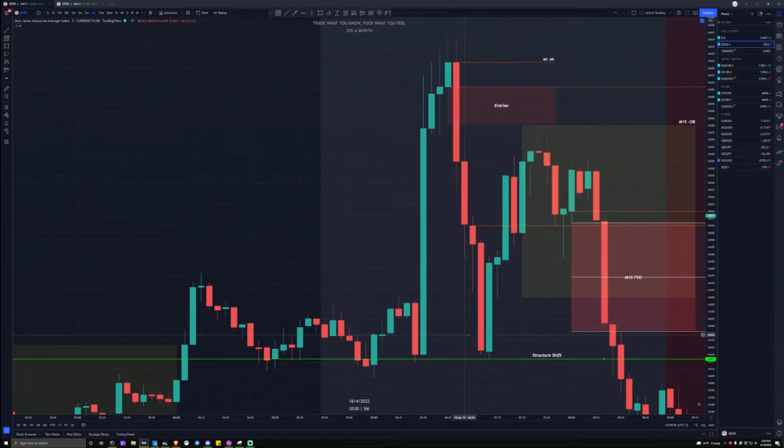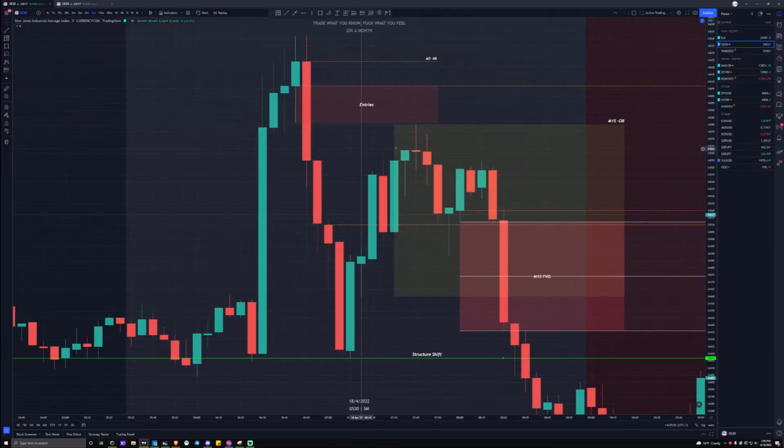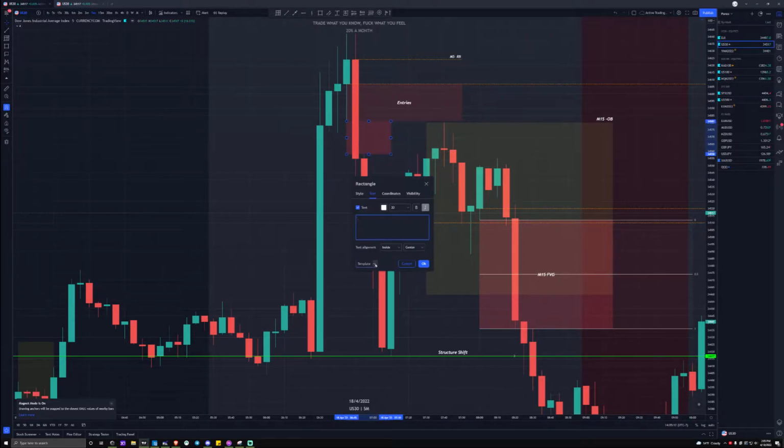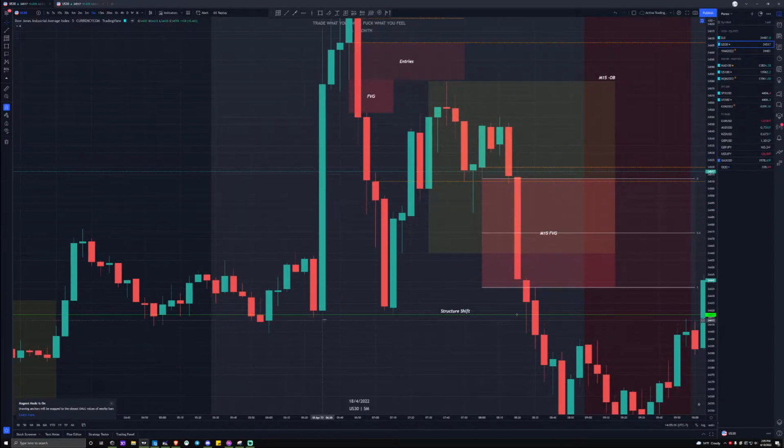One thing I saw, I wasn't even awake until like right here, but we had this fair value gap right here. We didn't do any structure shifts right here.